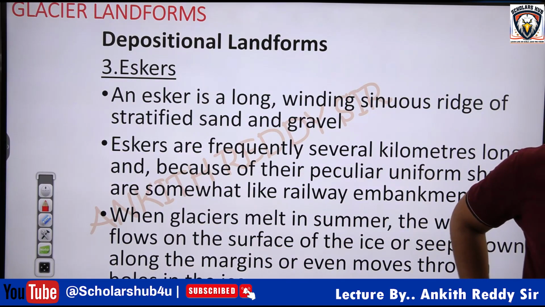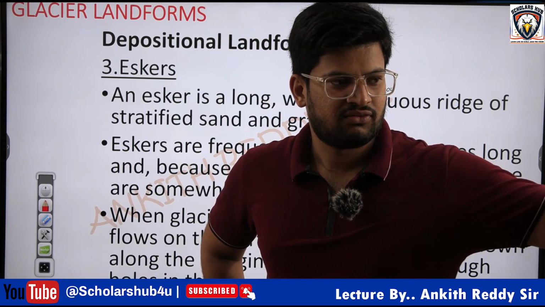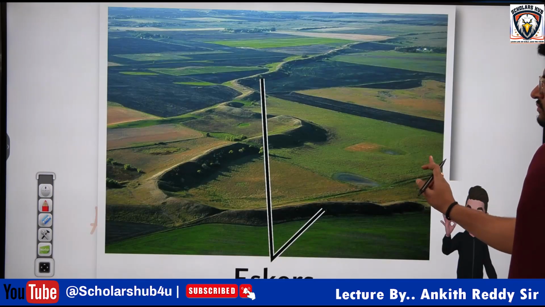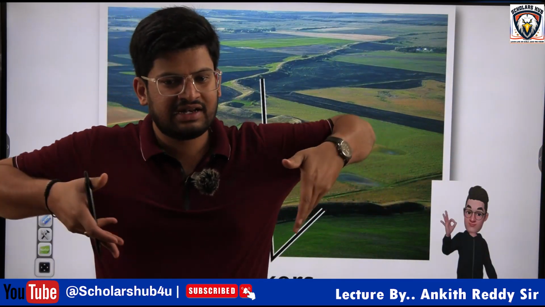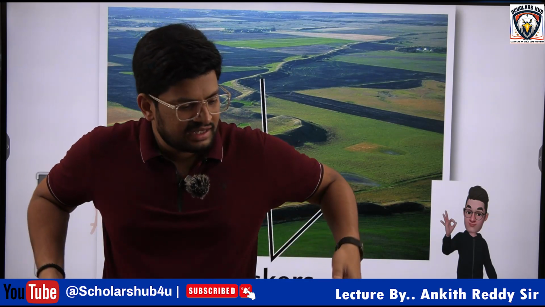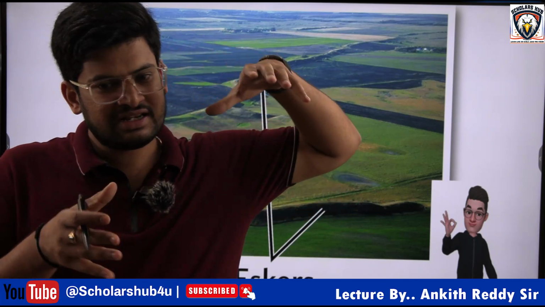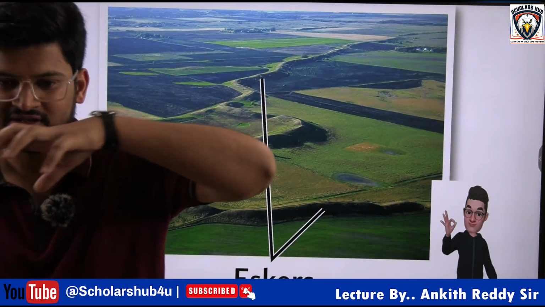What is an esker? So when glaciers move in one particular direction, they will carry sediments with them, beneath them. Avuna?